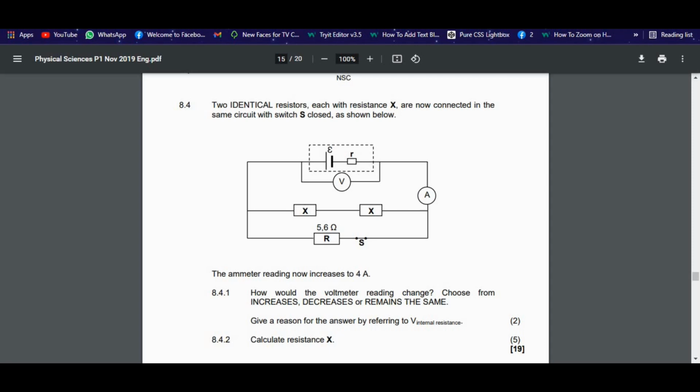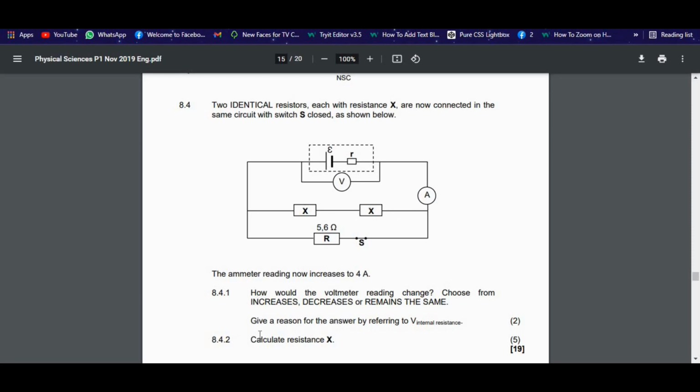So I has increased, so V internal increases. That means we're going to have a smaller V external from our EMF, because your EMF minus your V internal gives you your V external, the voltage in the rest of the circuit outside of the battery.